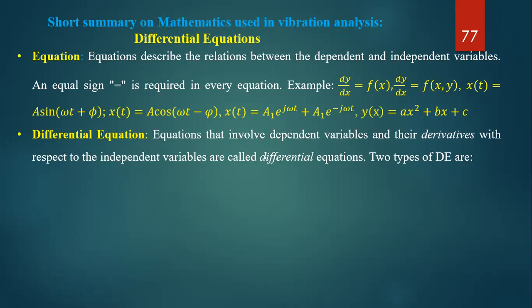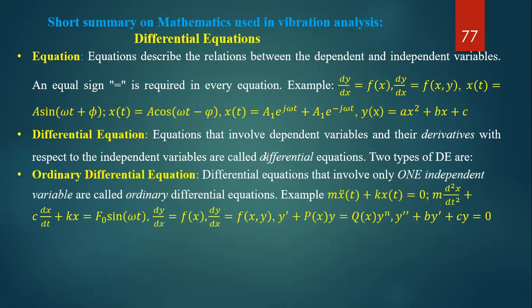What is a differential equation? That is one of the important parts of our study. An equation that involves a dependent variable and its derivatives with respect to independent variables is called a differential equation. We have two types: partial differential equations and ordinary differential equations.